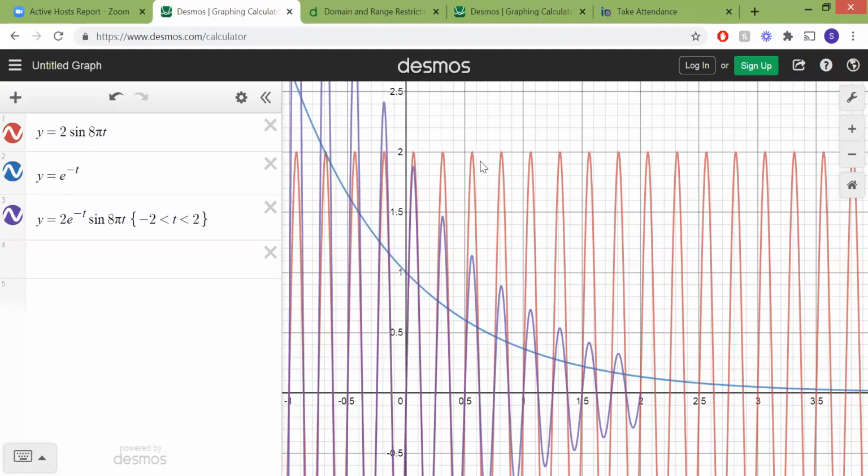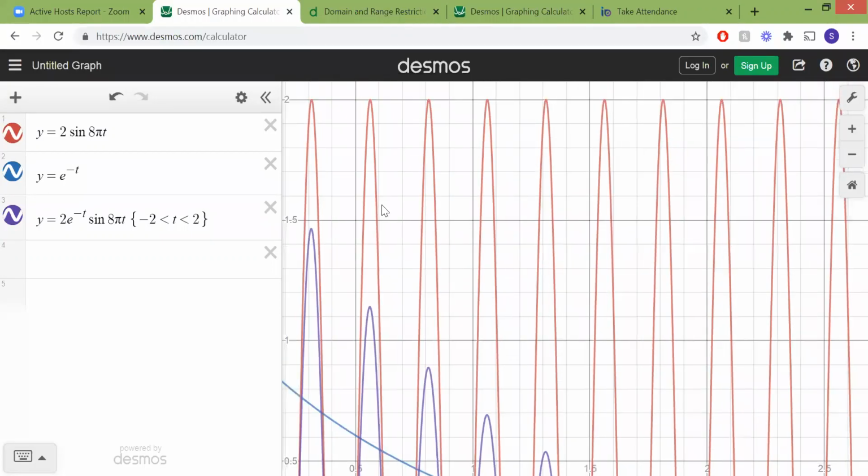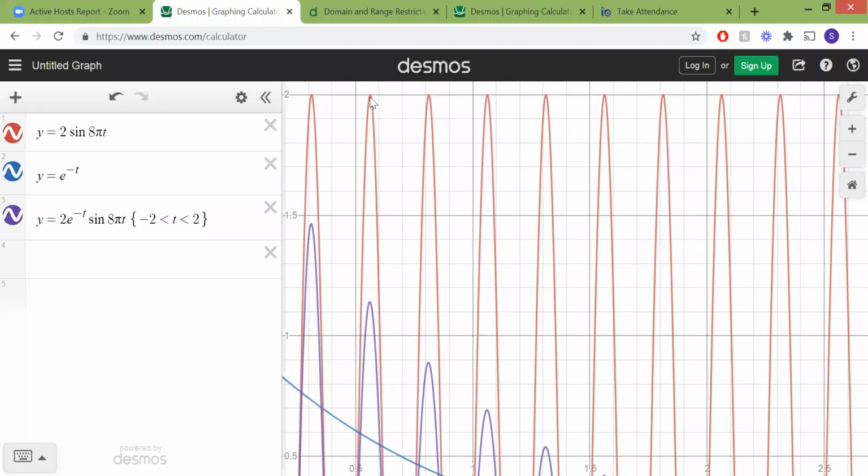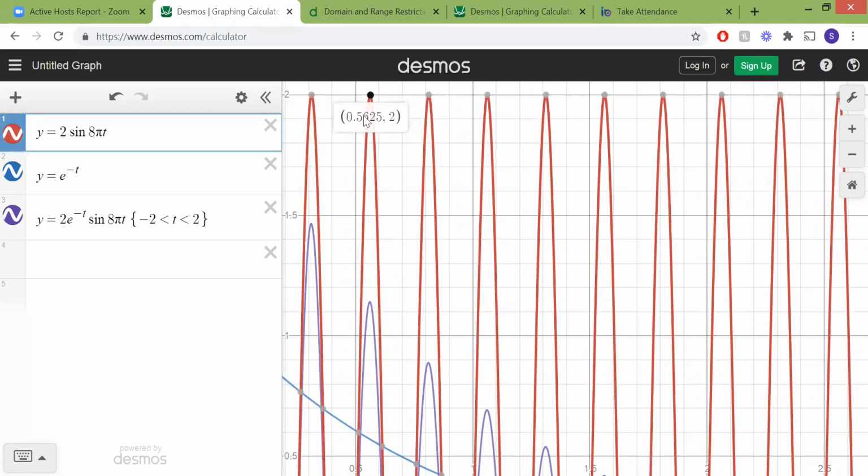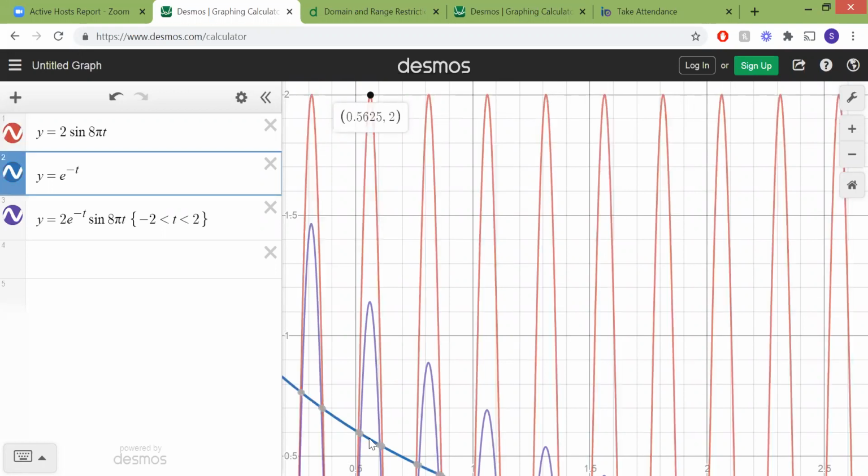Let me zoom in here. Let's say you had this value here. I'm just going to choose a random value. So you have 0.5625 for 2 sine 8 pi t, that's our red graph. And for the blue graph, the exponential decay, it's something like 0.57 for the y value. So 0.57 times 2, that will produce the y value for the purple curve.